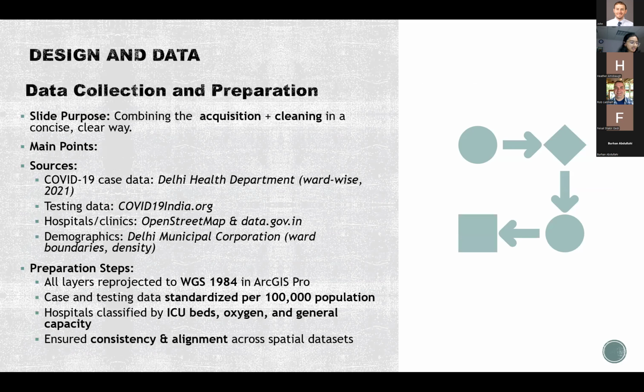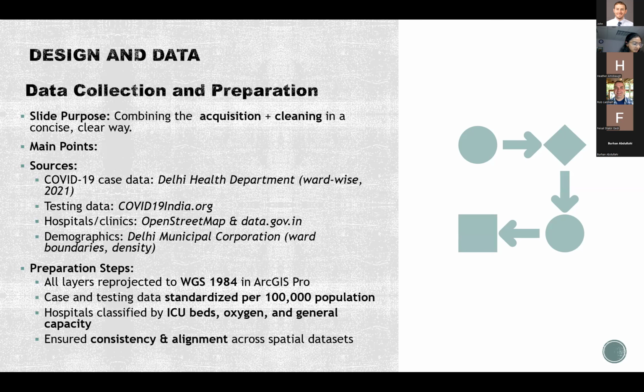Then the data collection and the data preparation. Here the main datasets used are, as I told, COVID-19 case data from the Delhi Health Department and testing data, hospitals from OpenStreetMap, and demographics and boundaries from the Delhi Municipal Corporation.